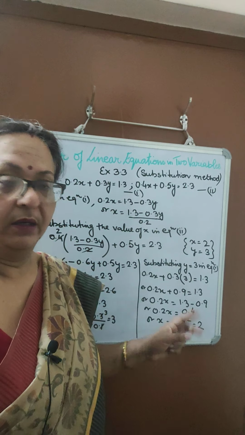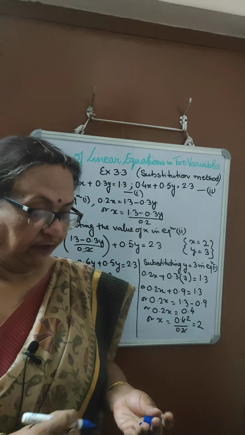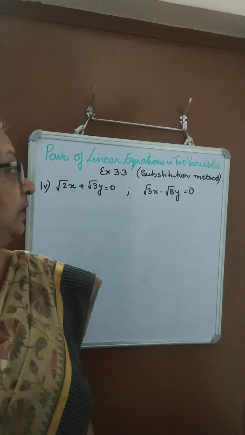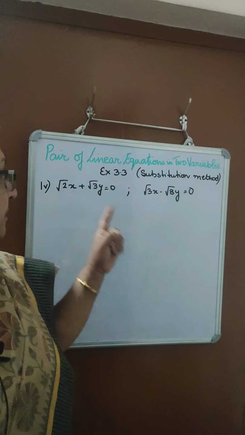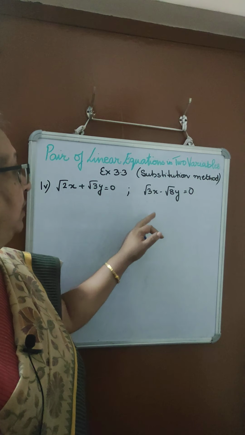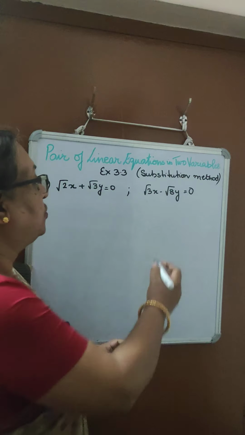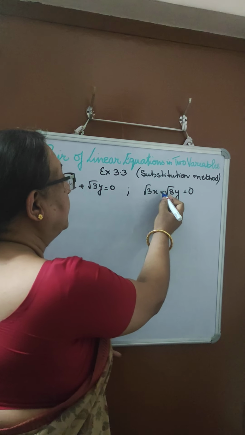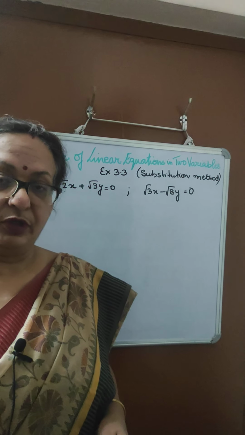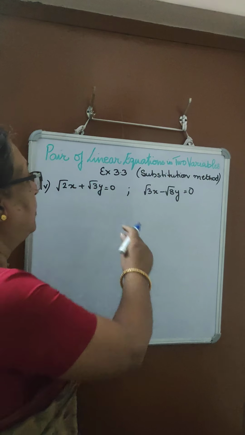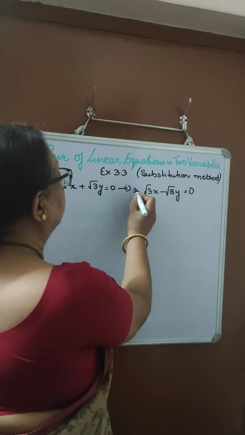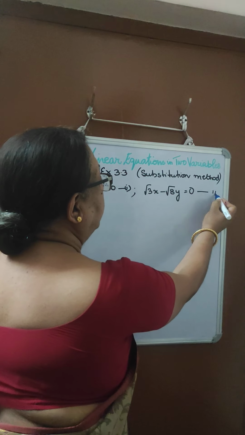Understood this one? Okay. So come on, let's see one more sum based on substitution. Okay, now another sum. Root 2x plus root 3y equal to 0 and root 3x minus root 8y equal to 0. Again we will be solving this by method of substitution. So as before, suppose this one is equation number 1. This is equation number 2.